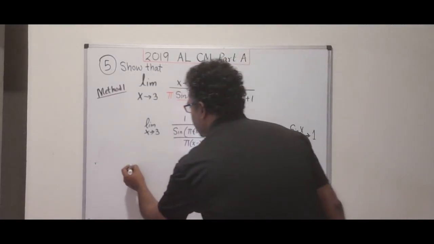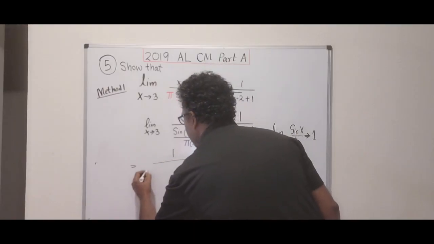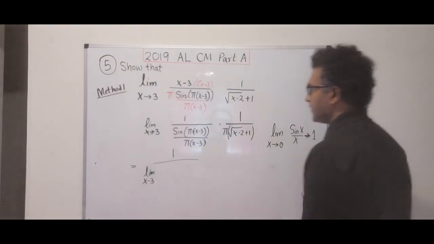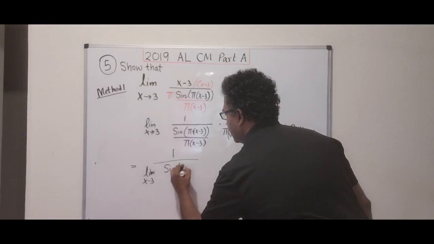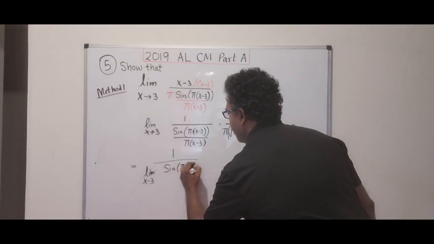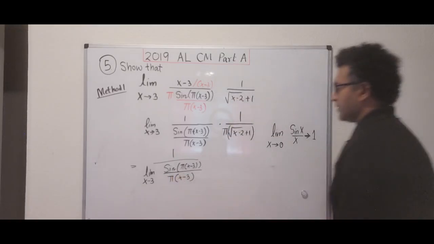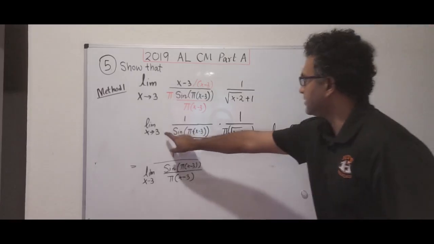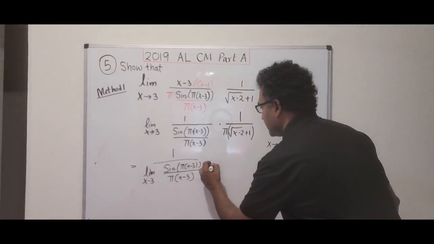And here I'll have the limit as x goes to 3 of sine pi times x minus 3 divided by pi times x minus 3, and I'm going to move that limit over here as well.